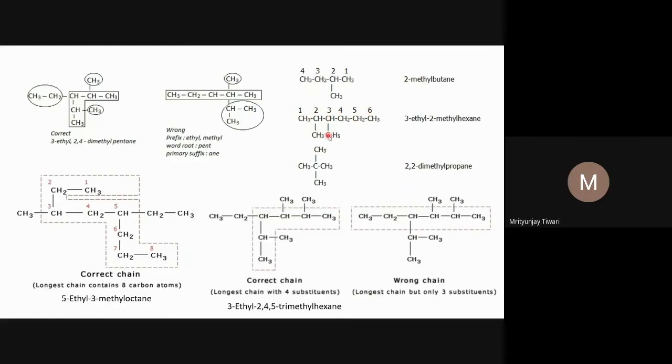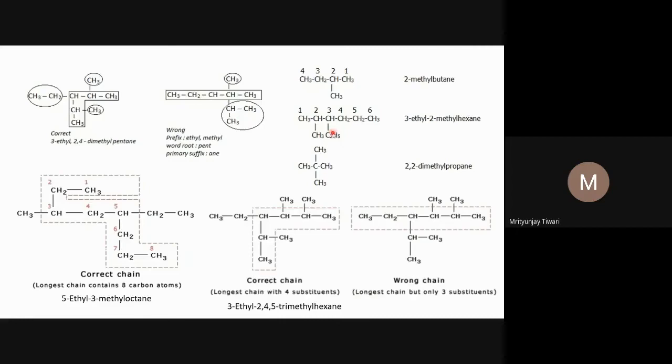If you consider this C2H5, with its two carbon atoms, so 2, 3, 4, 5, 6, again you will have 6 carbon atoms in the parent chain. But in that case, there will be only one branch, that is the isopropyl group. So we will not consider this part of the parent chain because the number of substituents will be only one. So we consider the first as the parent chain, in which case we have two substituents. So the number of branches is more.